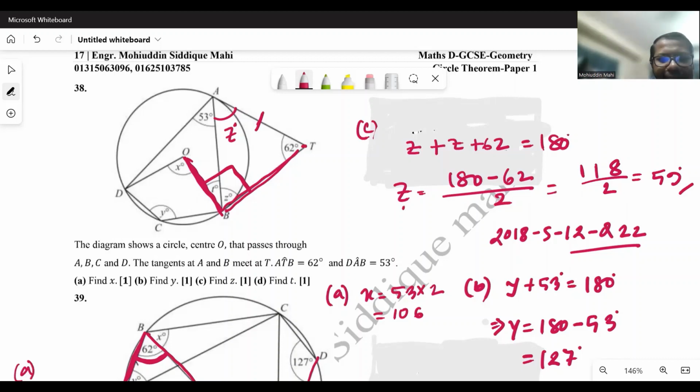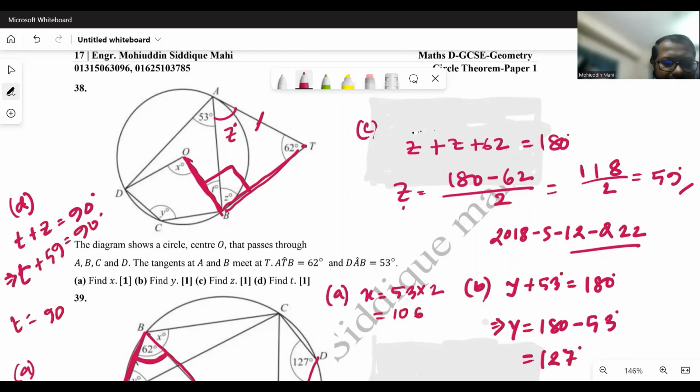So for solving D, you can write down T plus Z equals 90 degrees. Now we know the value of Z, which is 59. So T will be 90 minus 59, so 31 degrees.